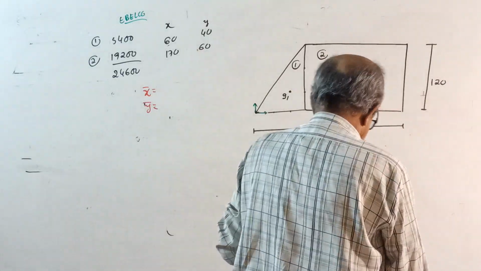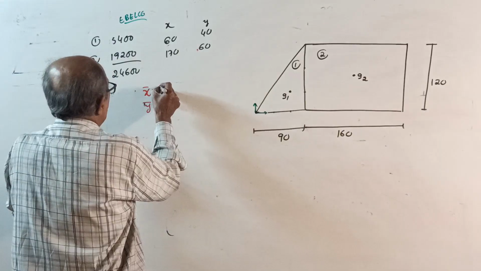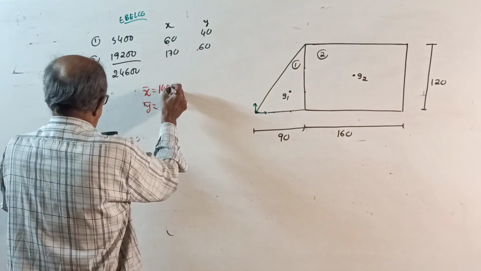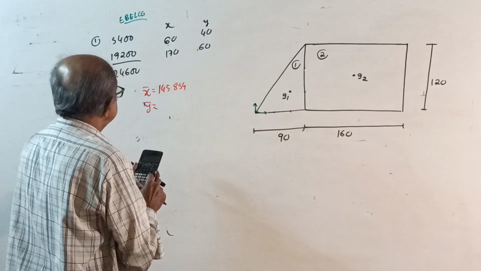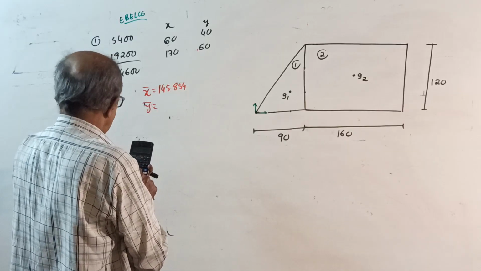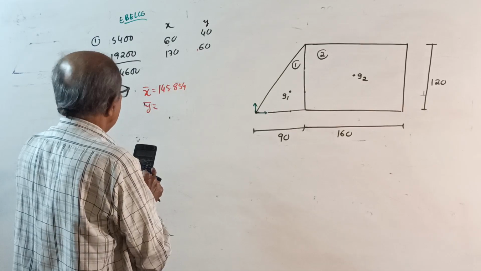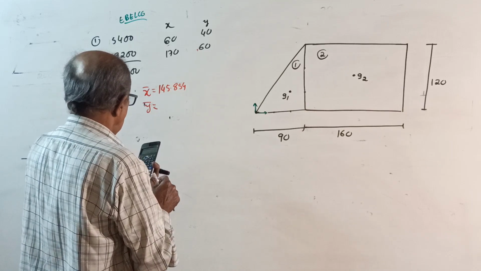I am searching for red color pen. I am holding it in hand only. X bar is 145.854. Y bar is 5400 into 40 plus 19200 into 60 divided by 24600.